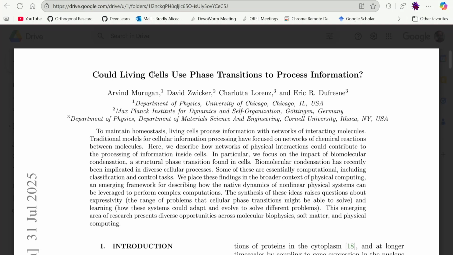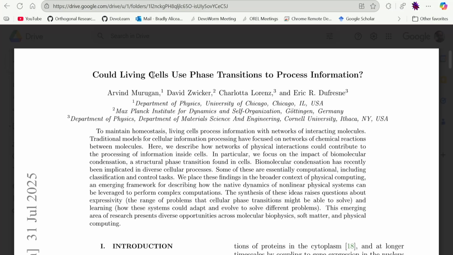So you can have algorithms that are highly expressive or less expressive, meaning that they can solve different types of problems. And in this case, with higher degrees of expressivity, you have a larger range of problems that you can solve with cellular phase transition.